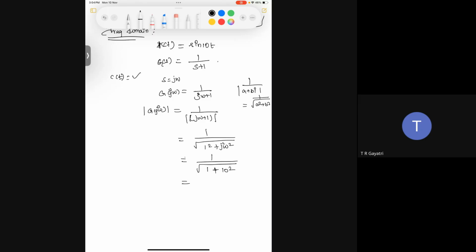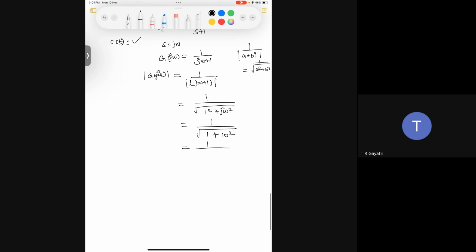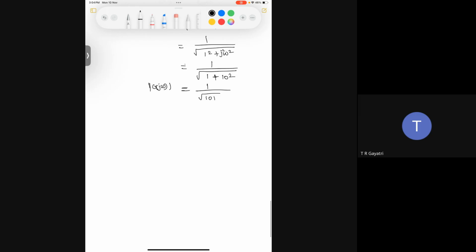So it will be 1 by root of 1 plus 10 square, which is 1 by root of 101, right? This is the magnitude representation of a signal.